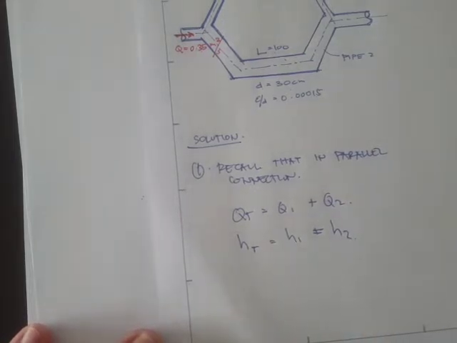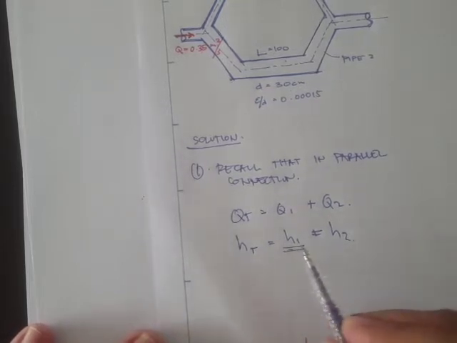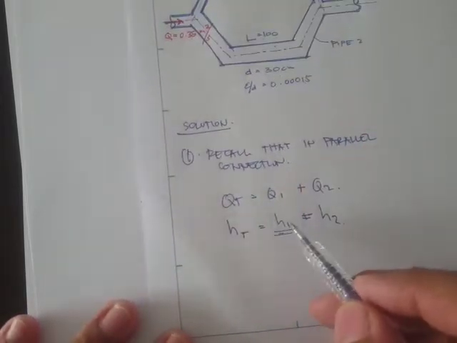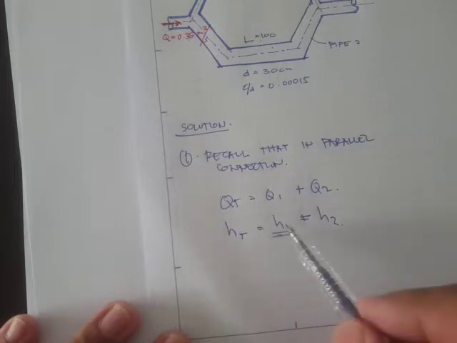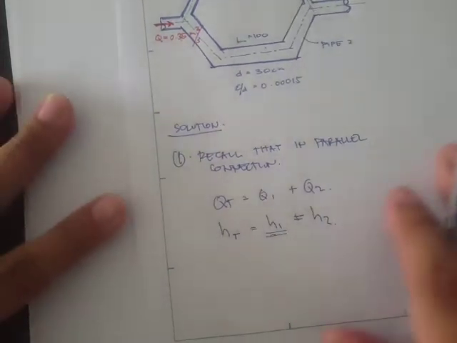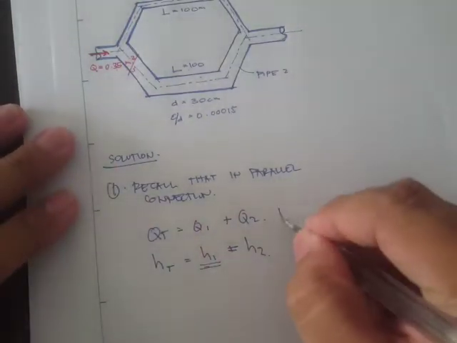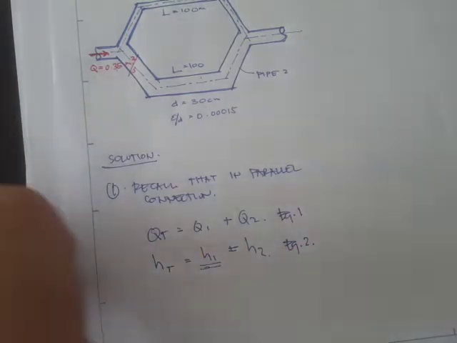And our head loss at 1 we can solve using the Darcy-Weisbach equation, and that's just simply equal to the head loss at point 2. Let's say this is our equation 1 and this is our equation number 2.